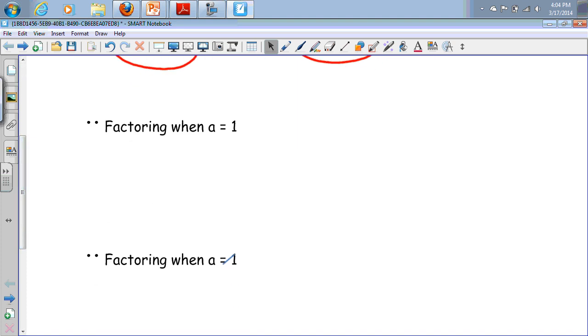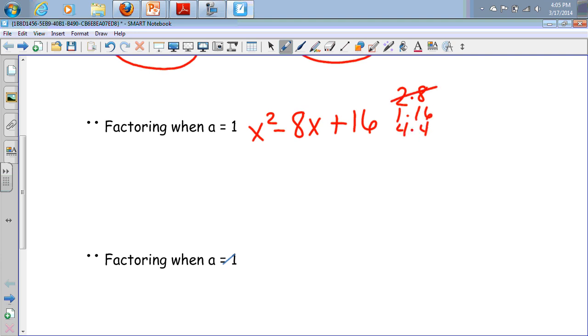So we have an example like this. x squared minus 8x plus 16. Okay? Special cases. So 16 is a perfect square. So I can have 2 times 8, and I can have 1 times 16, and I can have 4 times 4. Well, here's the only way I'm going to get 8. Notice it's minus 8 and plus 16.